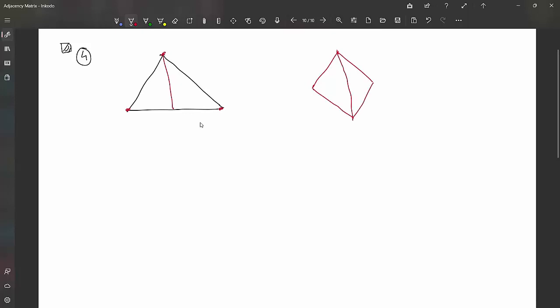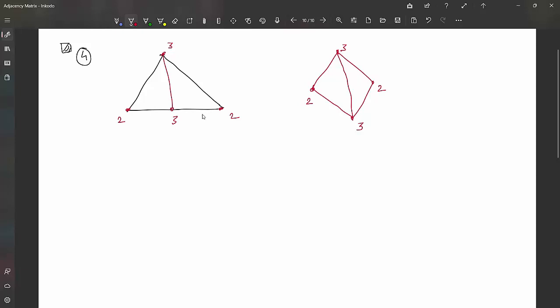Here we have already verified that the number of edges, the number of vertices and the corresponding degrees are also the same. So number 3 and number 3, and this is number 2 and number 2.